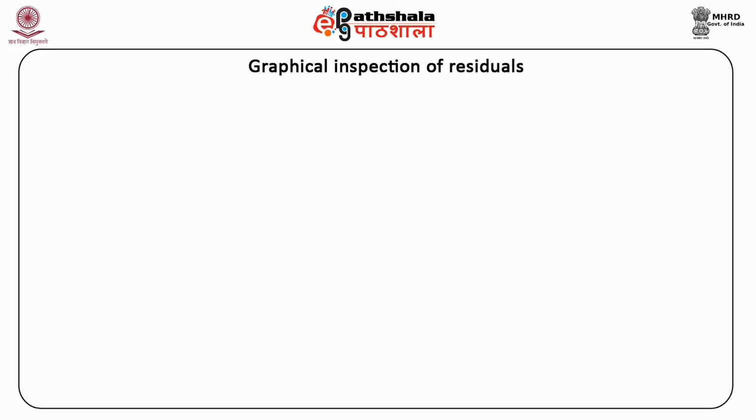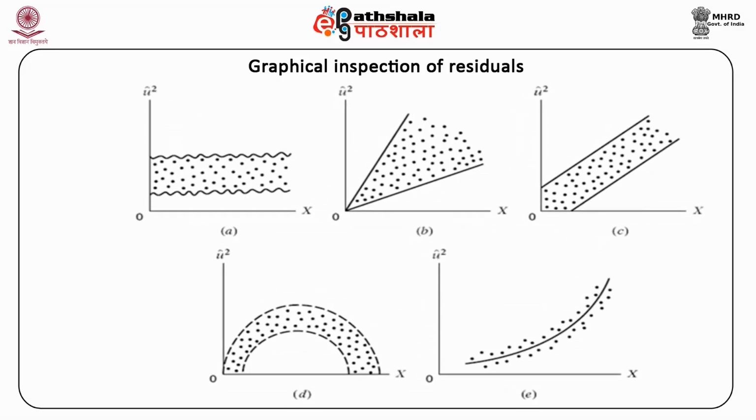This we can do by creating a residual plot in which we take the squared residuals on the y-axis and plot them against either one or more explanatory variables or against the fitted values. The figure shows different patterns of squared residuals plotted against explanatory variable x.